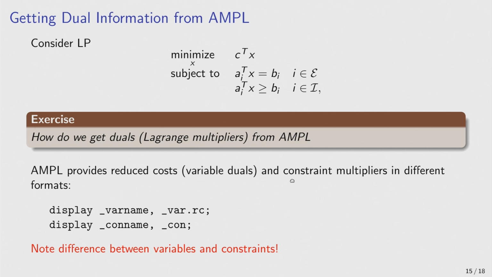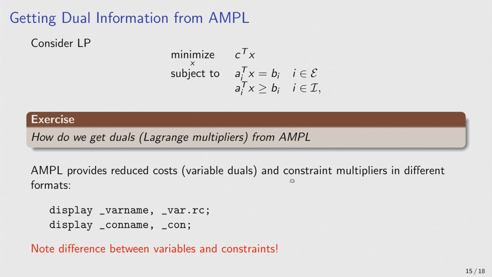You can get Lagrange multipliers or reduced costs out of AMPL. This is maybe slightly strange: for a variable, underscore var gives you the value of the variable. To get the multiplier corresponding to the inequality constraints associated with the variable, you need to get the reduced cost.